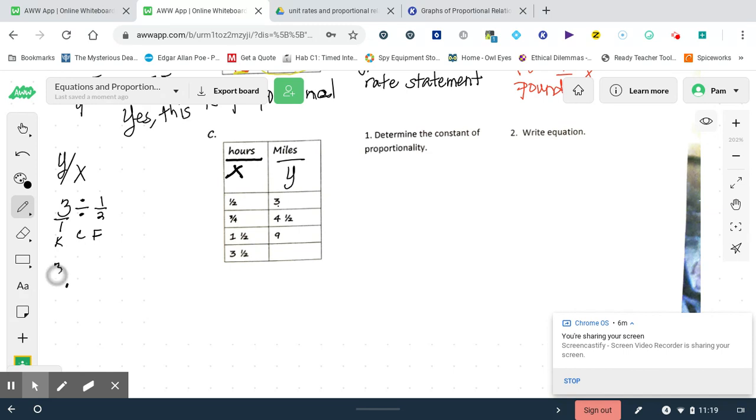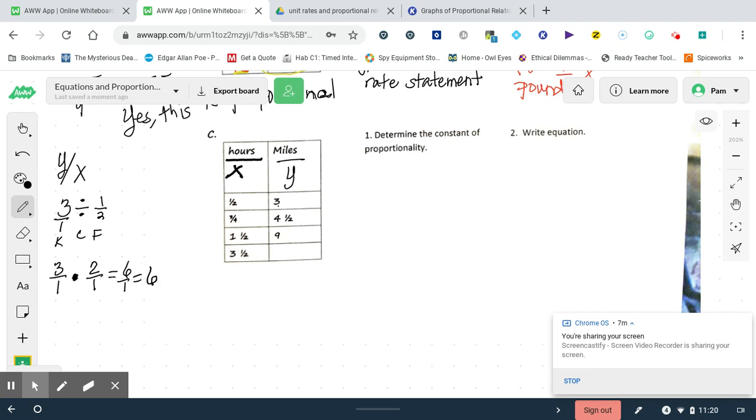So I end up with 3 over 1 times, flip that, 2 over 1. Well, 3 over 1 times 2 over 1 ends up being 6 over 1, or just 6.